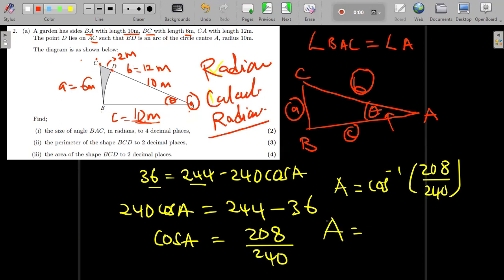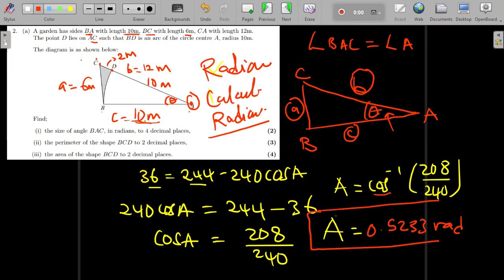So if I change my calculator to radian mode and then I do the inverse cos of 208 divided by 240, I'm getting 0.5233 rad. This here will be the answer for the angle A, the angle BAC. We can write that somewhere to keep the answer.